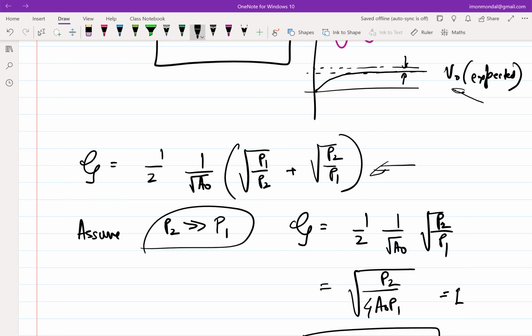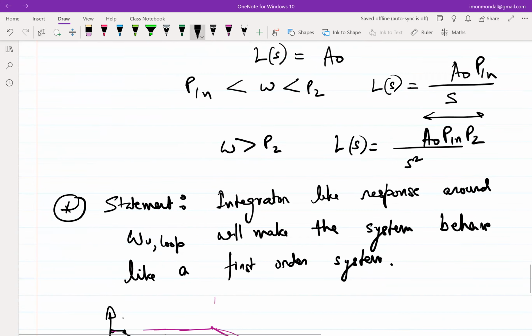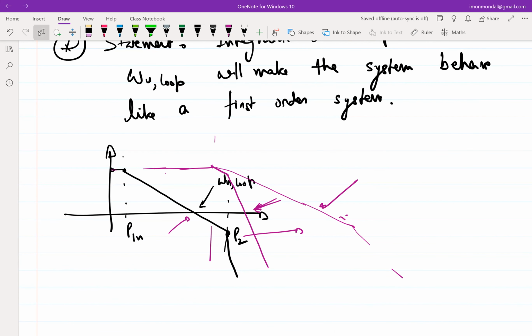Now, let me take you through one more situation. Sir, if A0 is infinity, in that case, the location of P1 and P2 will be? A0 becoming infinity means you want A0 to be very high, right? P2 is still wherever it was, right? Now, if you don't do anything with P1, if you leave it as is, then you have a problem.